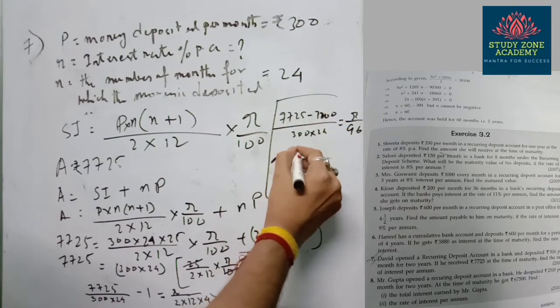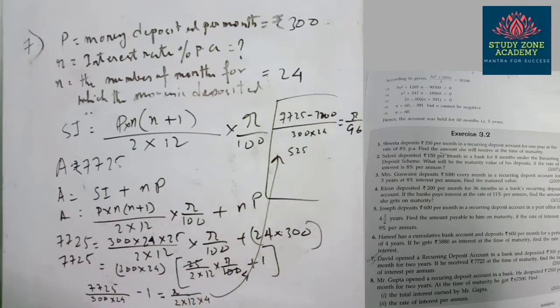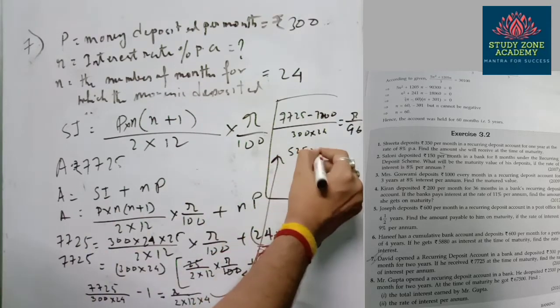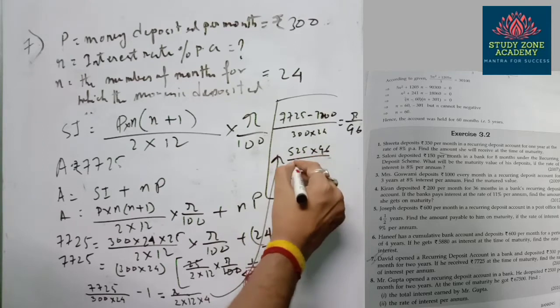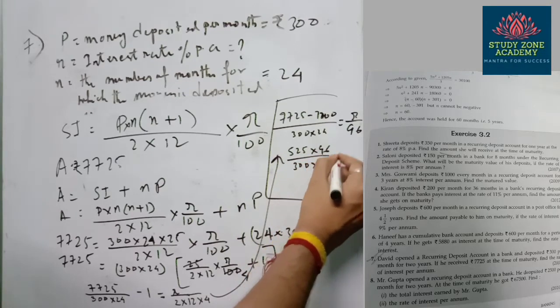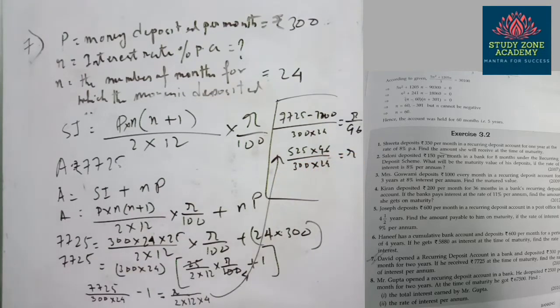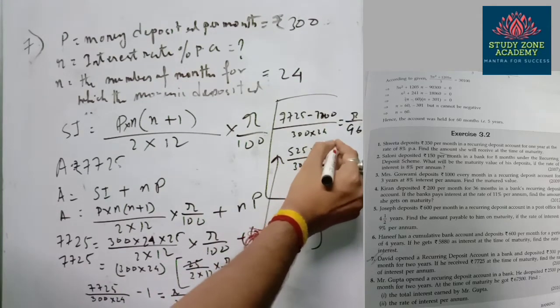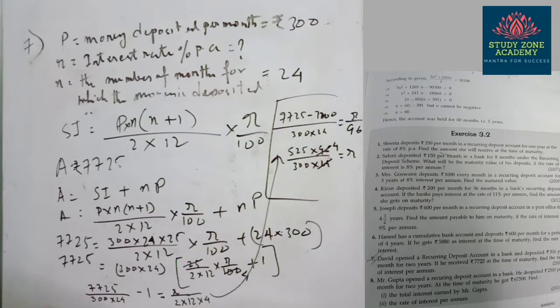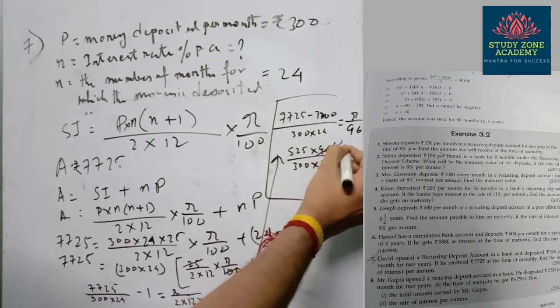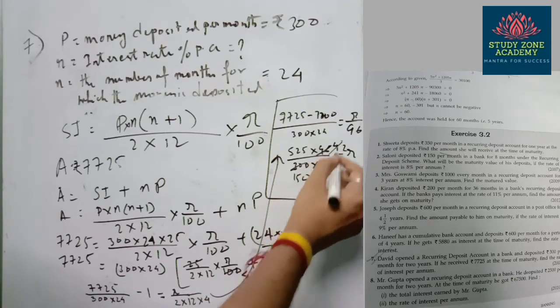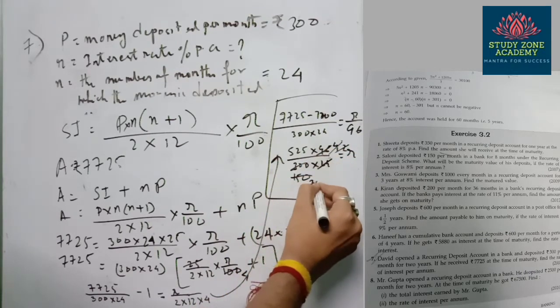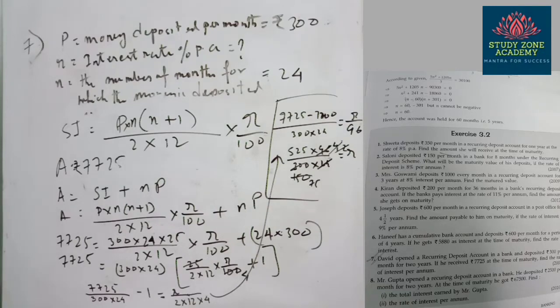It is going to be 525 into 96 divided by 300 into 24 R. We can cancel this by 4. Fine. It is going to be 75.